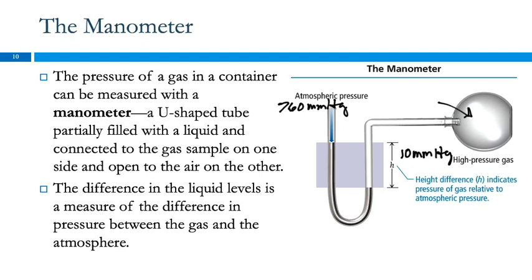So that means inside, this pressure is 760 plus 10, 770 millimeters of mercury. So you just add the difference to the one that's smaller. Any questions?